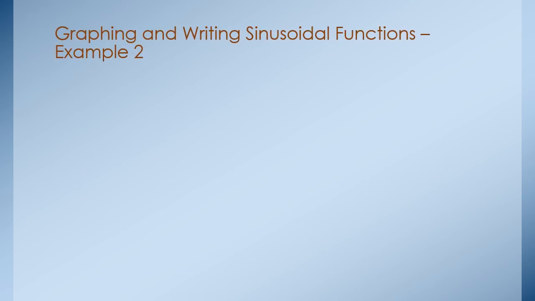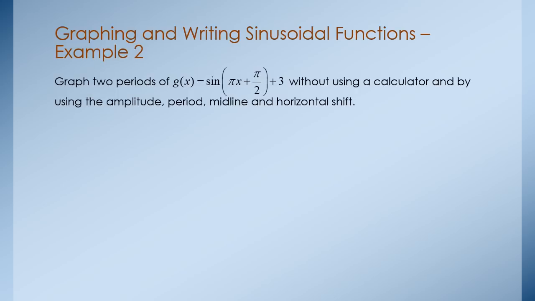So let's take a look at an example where we are graphing or writing a sinusoidal function. In this particular case, we are being asked to graph 2 periods of g of x equals the sine of pi x plus pi over 2 plus 3 without using a calculator, by using the amplitude, the period, the midline, and the horizontal shift.